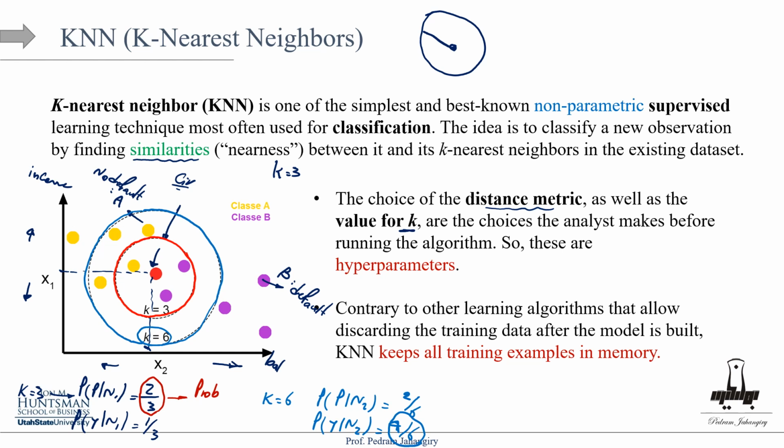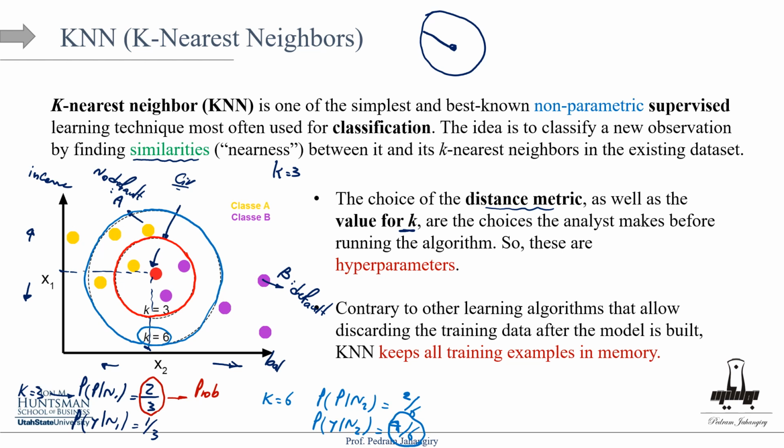I want you to focus on this: contrary to other learning algorithms that allow discarding the train set after the model is built, KNN keeps all those train examples in memory. So we say that KNN is a lazy learner. It means that the algorithm makes no generalization, and there's little training involved when using this method. Because of this, all of the training data is also used in testing.